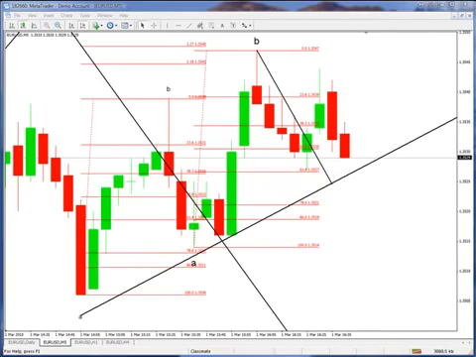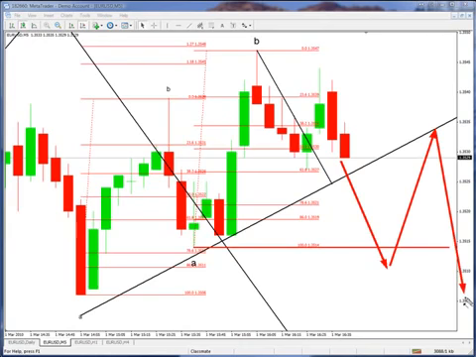So if we take out this particular A, just let me draw in a nice little line here. If we come through here, take out the trend line, take out the low, take out this A low, what we should see, or potentially we could see, a retrace to the back of this trend line, and then we may see a bear crown.